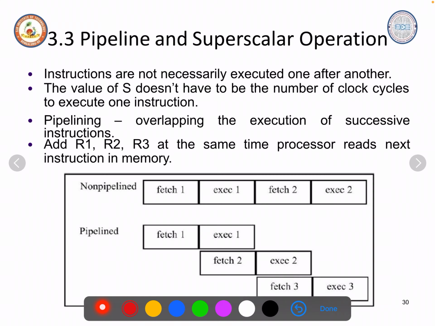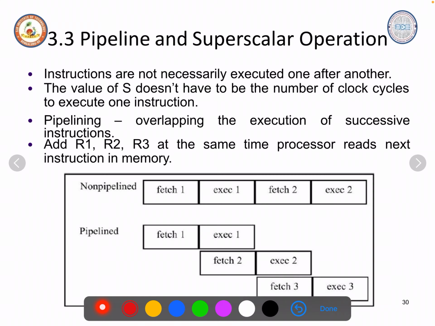Instead, as we know, each instruction will be divided into a small sequence of basic steps. So whenever you perform some basic step in the first one, the next instruction can be fetched. So the value of S need not be the number of clock cycles to execute one instruction.